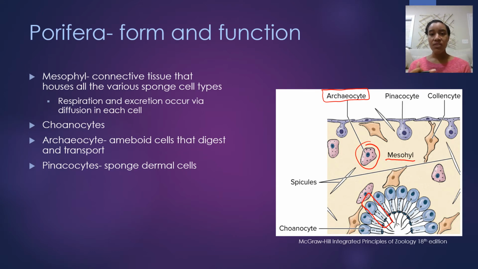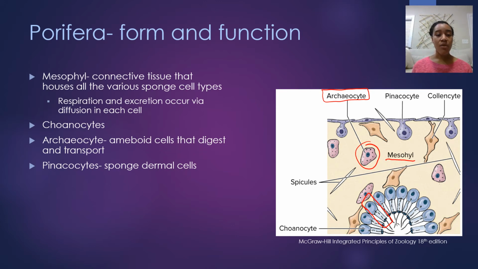And they are responsible for helping with digestion of food and transport of nutrients to cells throughout the sponge that need it. But they also are pretty dynamic, so they can turn into whatever type of cell that the sponge needs. So they can function in various different ways. So they're very important for a sponge.